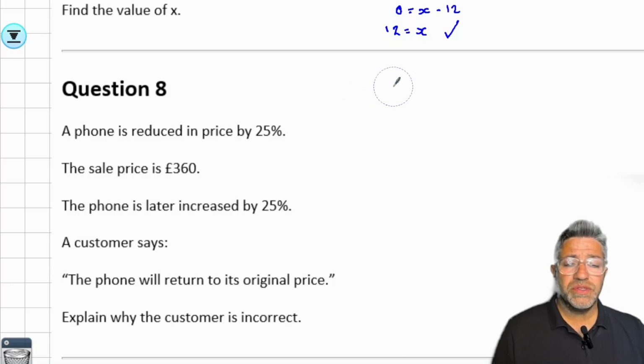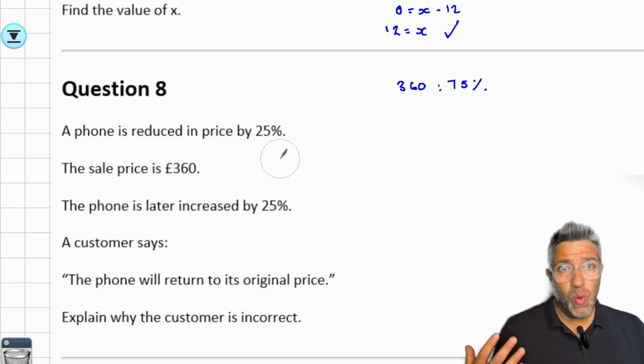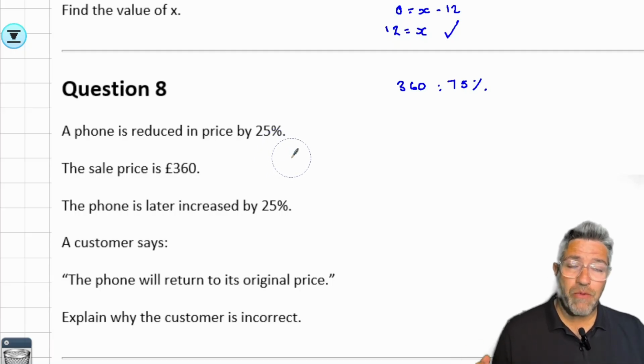Well, the first thing I would do is simply say £360 must have the value of 75% of the original price. If it's been reduced by 25%, we've lost 25% out of that original 100%, we're left with 75%.